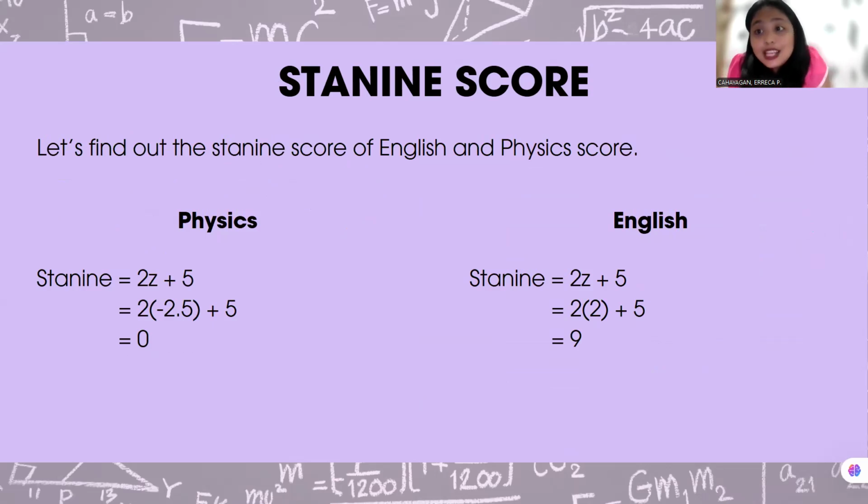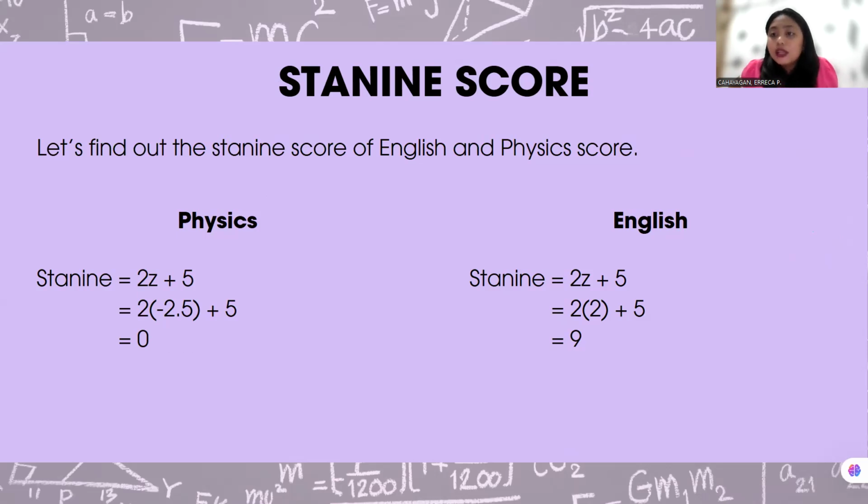So this is the stanine score of physics and English. The English has 9, while the physics has 0. So 0 means Frederick scored lowest. As we can see, 2 times negative 2.5 is negative 5, plus 5 means 0. And 2 times 2 plus 5 means 9.